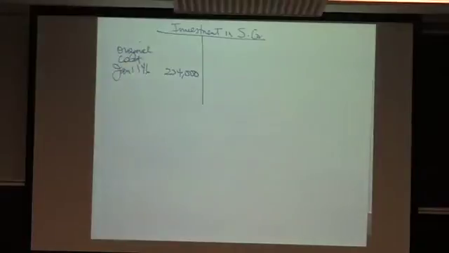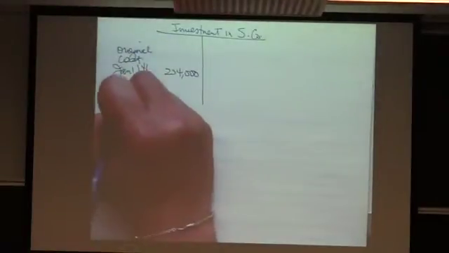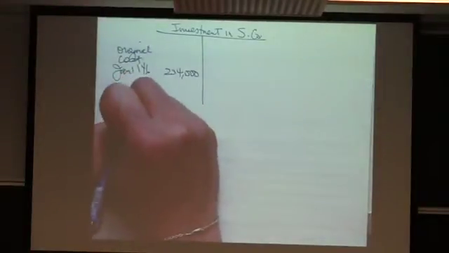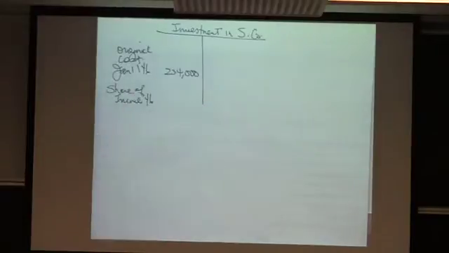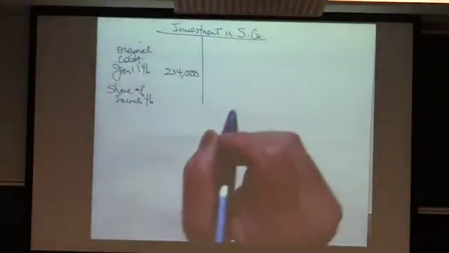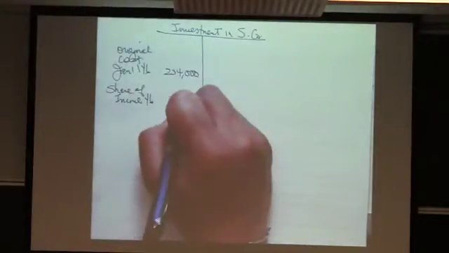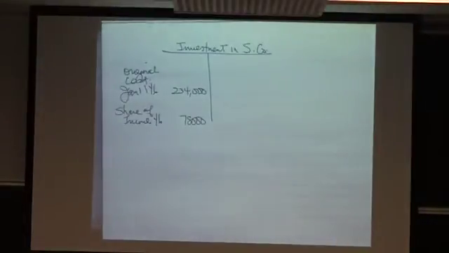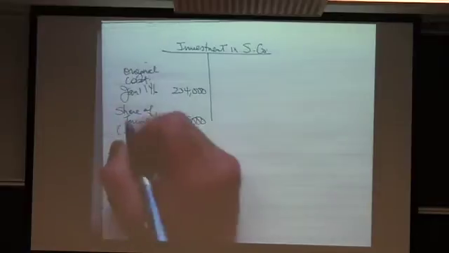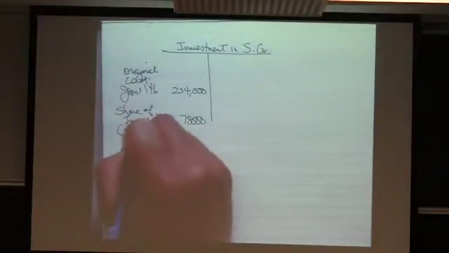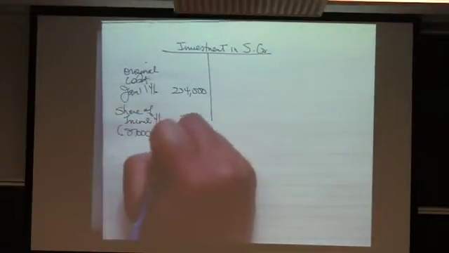We're going to pick up our share of income for year 6, and that would be $78,000, which is made up of 87 minus 9.